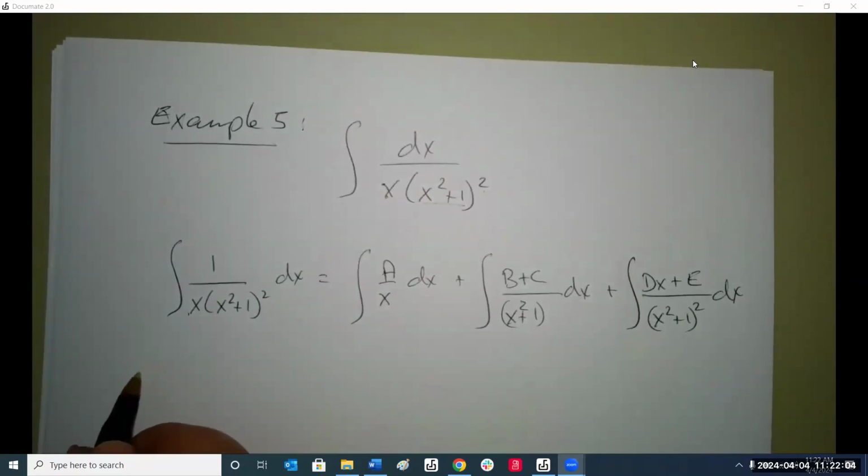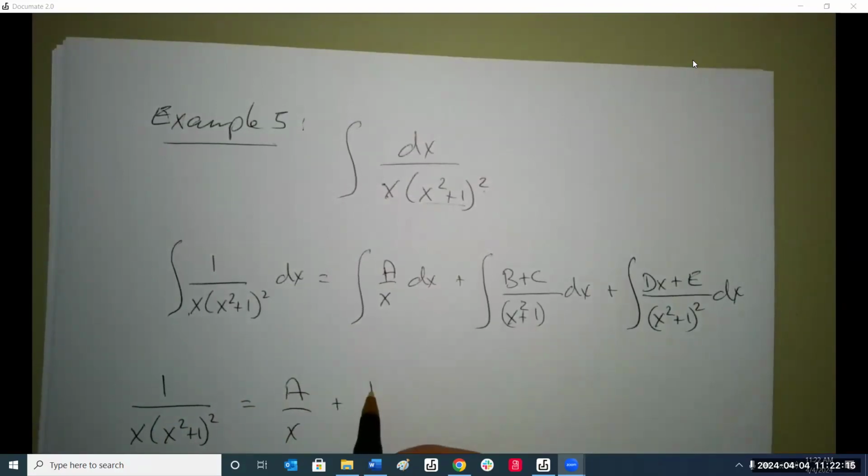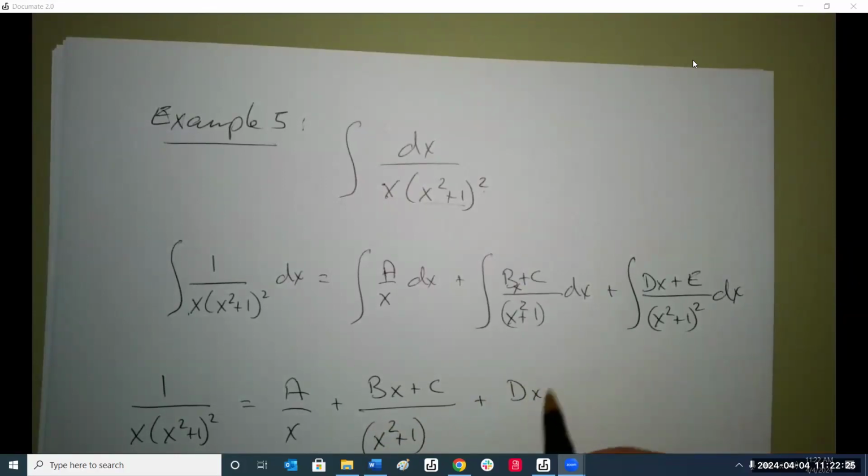So we have 1 over x squared plus 1 squared equals a over x, bx plus c over x squared plus 1, plus dx plus e over x squared plus 1 squared.